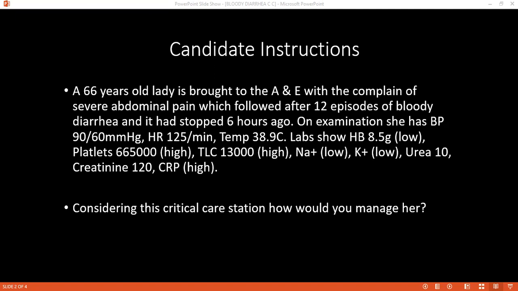I will manage the patient by the ABCD approach also, give a proper antibiotic, IV fluid, nil by mouth, decompression of the abdomen. Maybe if the patient is confirmed with ulcerative colitis, give the patient a proper dose of steroid according to the guidelines of ulcerative colitis or inflammatory bowel disease. If the patient is refractory to the medical treatment, I will consider surgical treatment.